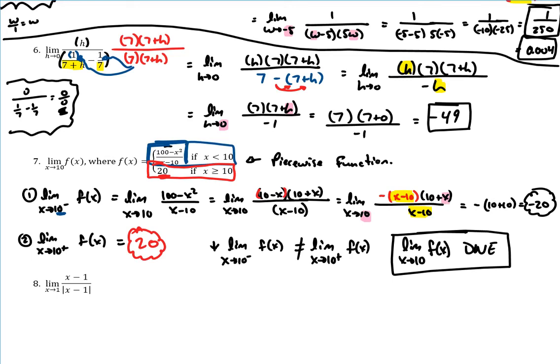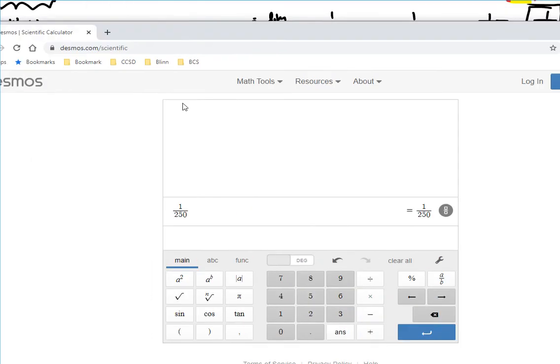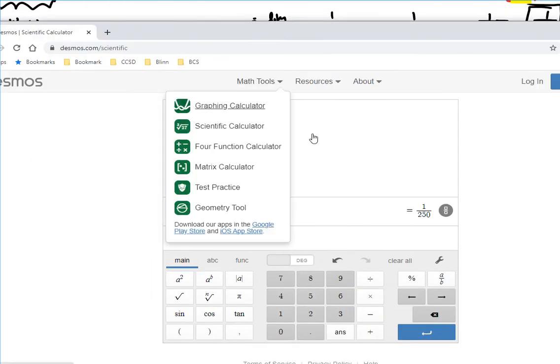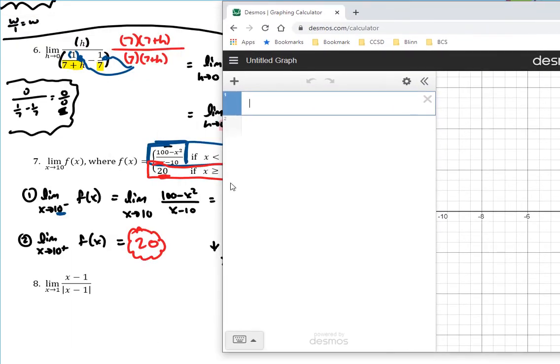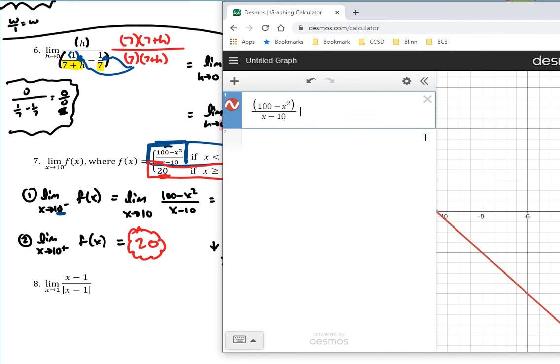Okay, and you could also graph these as well. So from Desmos, from the scientific one, you can go to the graphing calculator. And these are a little tougher to graph, but just to do it real quick, I'm going to enter that first one. So parentheses 100 minus x squared divided by x minus 10, like that.